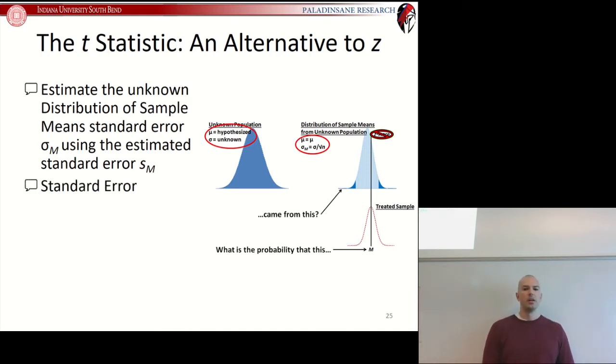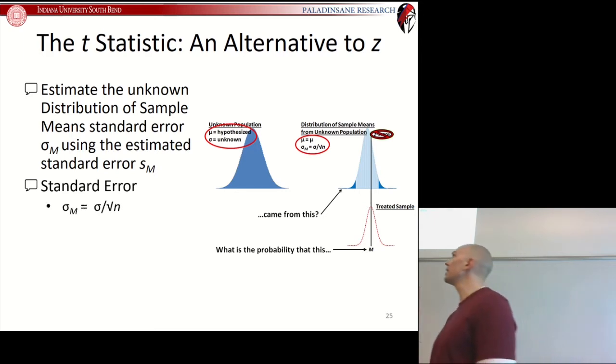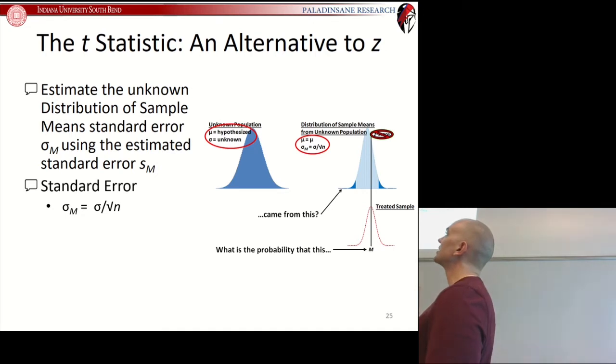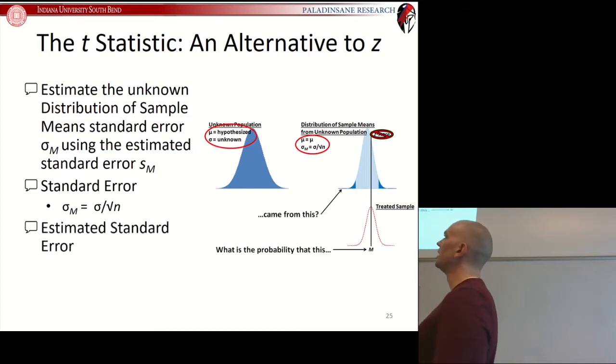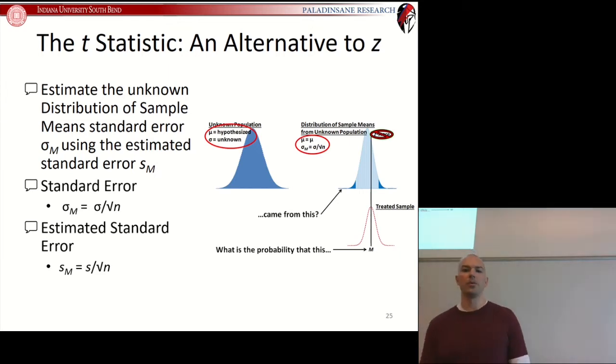So the standard error before was calculated by taking the standard deviation of the population and dividing by the square root of the size of the sample. That's what we learned last time. Estimated standard error is you take the standard deviation of the sample and you divide by the square root of the size of the sample.